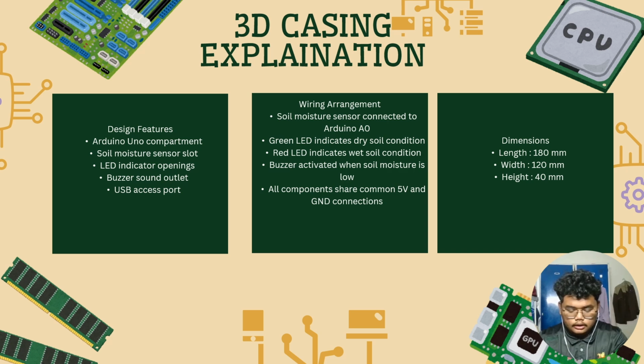The buzzer is activated when the soil moisture level is low to alert the user. All components are powered directly through the Arduino and share a common 5 volt power supply and ground connection. Overall, this casing design provides a durable, user-friendly, and presentable enclosure for the complete soil moisture monitoring system.